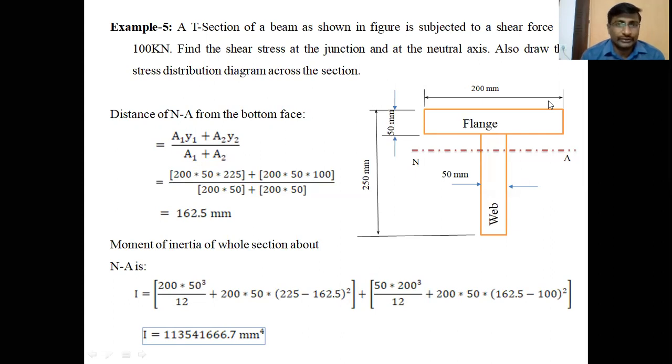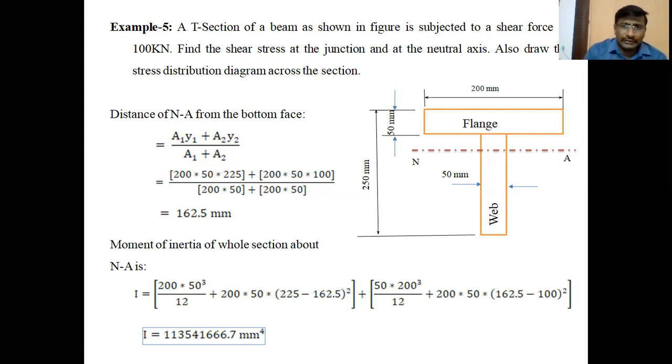Also draw the stress distribution diagram across the section. So you should find the shear stress values at the junction and at the neutral axis. And the remaining two values, the shear stress at the extreme top layer is 0, and the shear stress at the extreme bottom layer is 0. Always, the shear stress values at the extreme layers are 0.